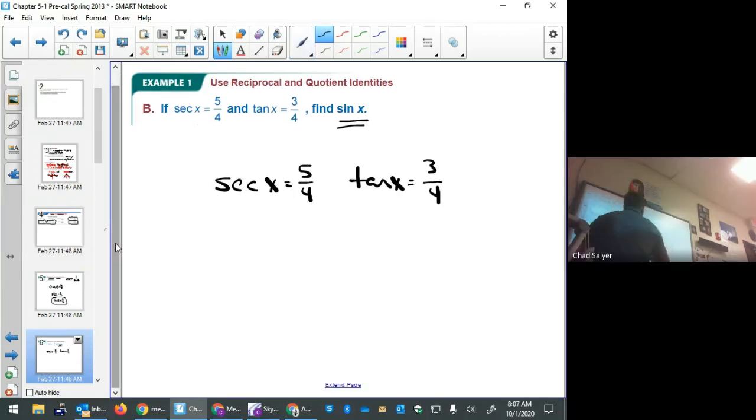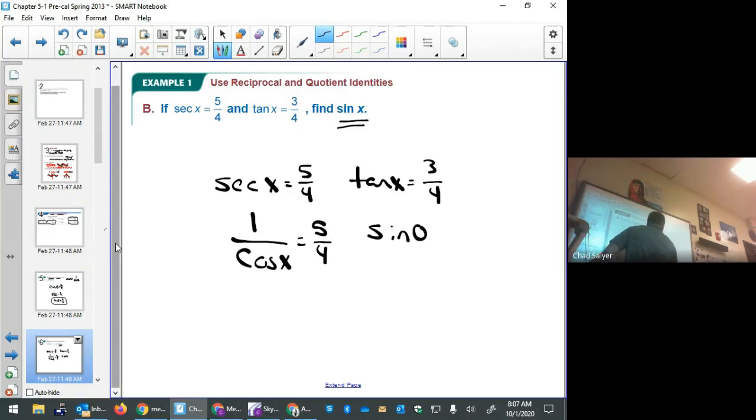We know that secant is 1 over the cosine. And we know that the tangent is the sine over the cosine.